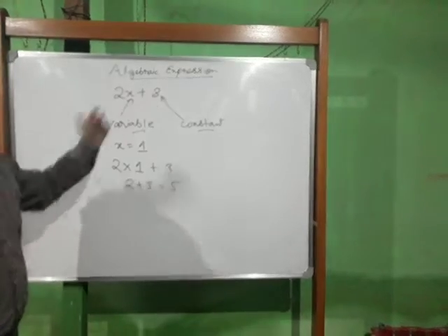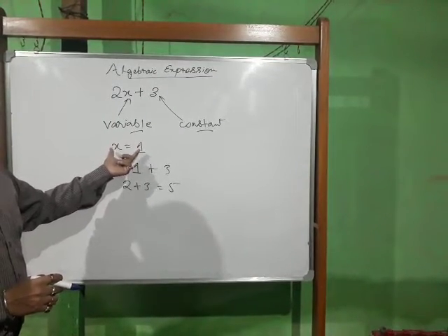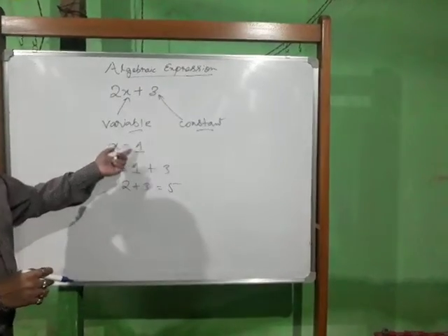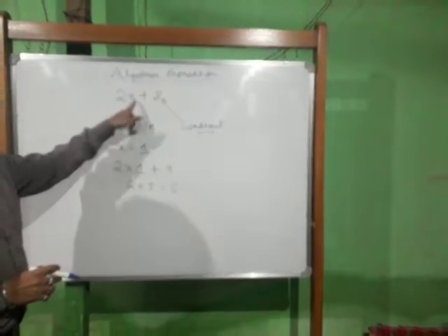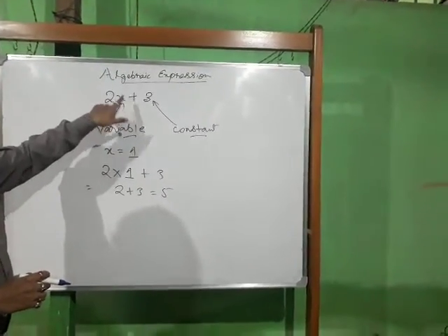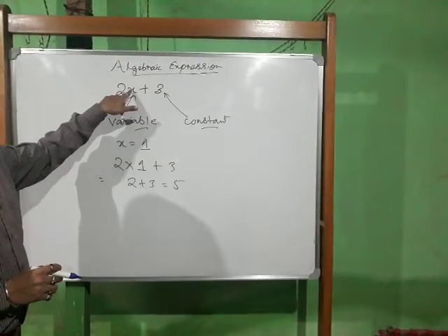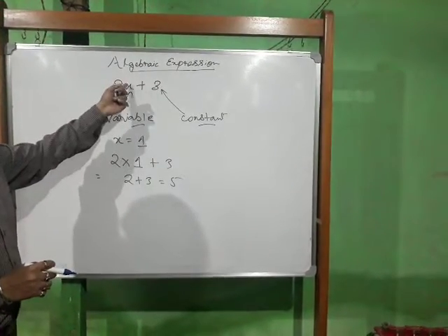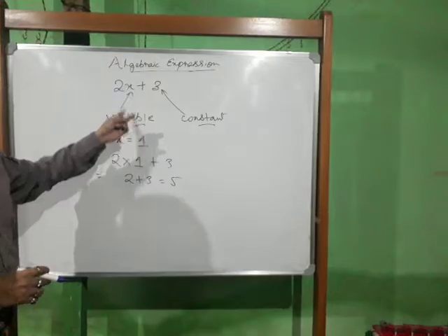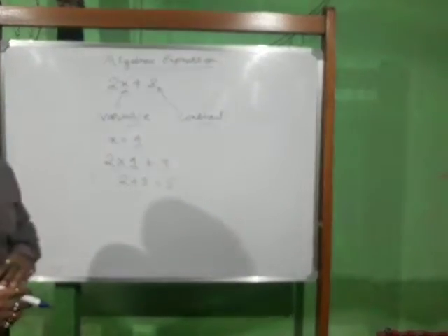So the value of this expression will become 5 if we take x equal to 1. If I take 2, the result will be different. So the result depends upon this x. That is why this x is called variable, because we can take any value for this x.